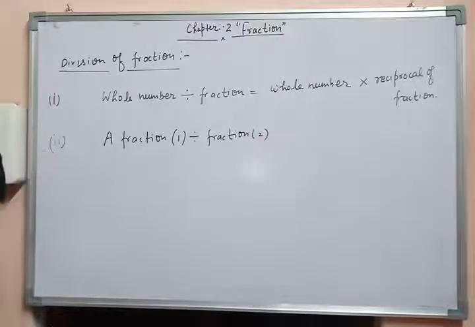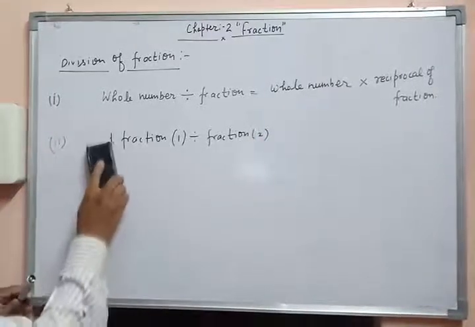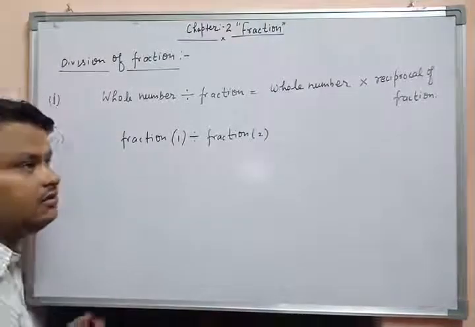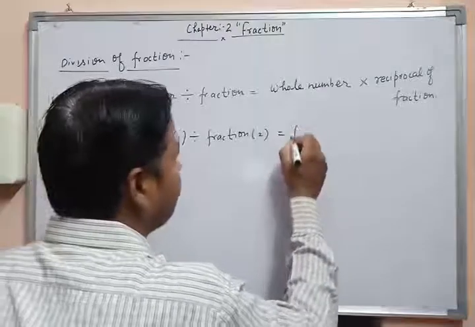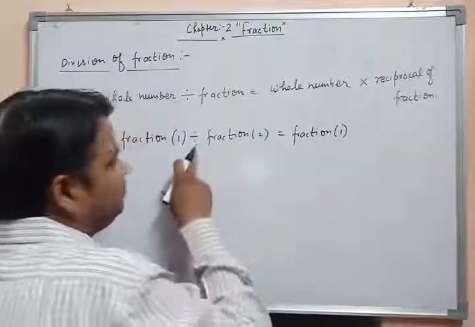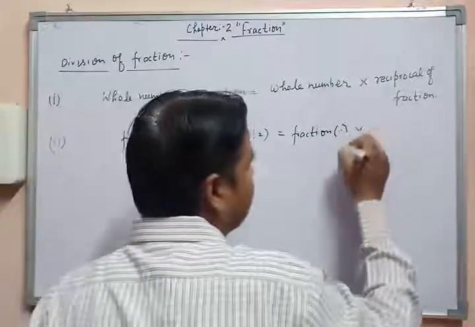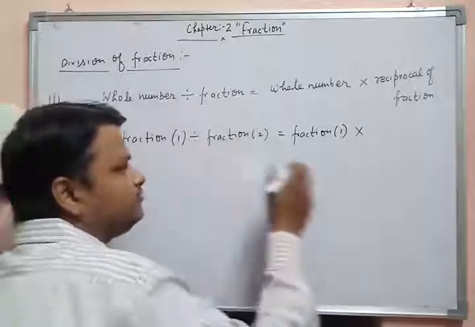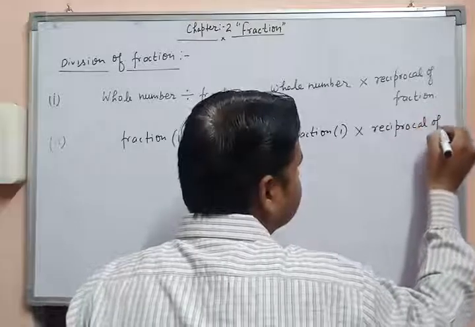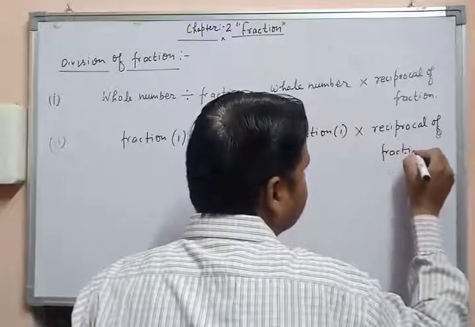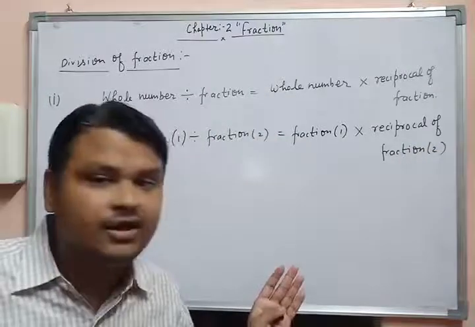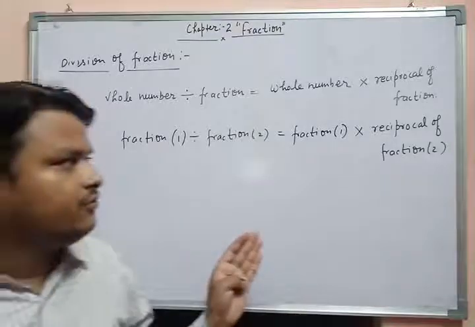So students, if this type of division is given, then you have to apply the same rule again: remove this operator and replace it by the multiplicative operator and write the reciprocal of fraction number 2. Okay, so students, memorize all the steps you have to follow for division of fraction.